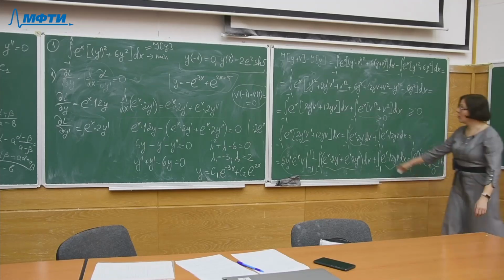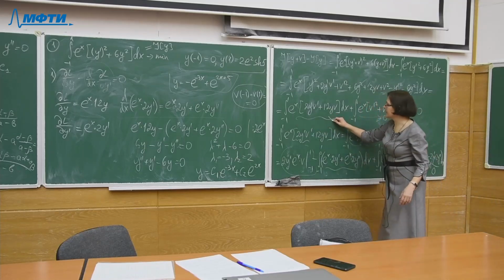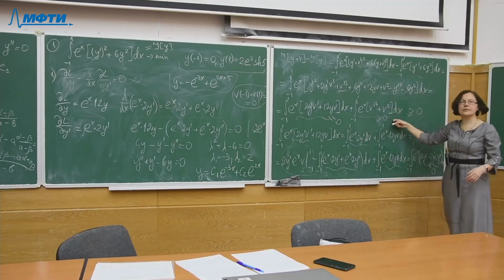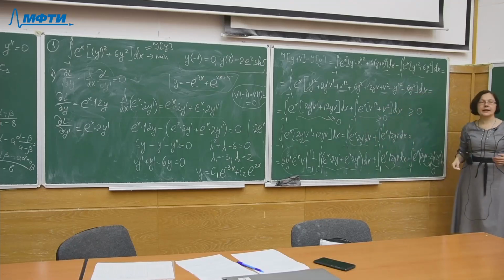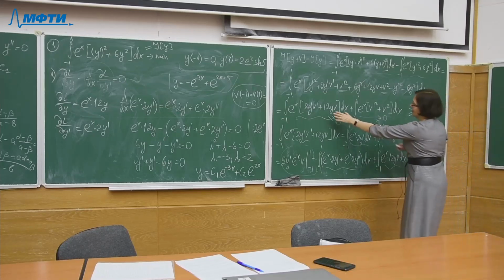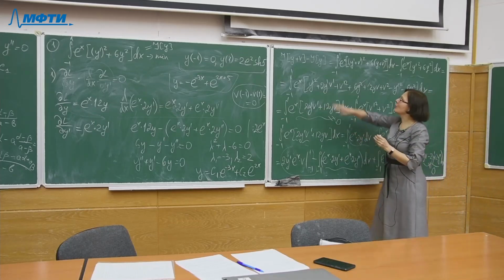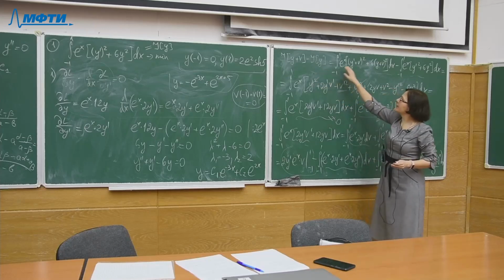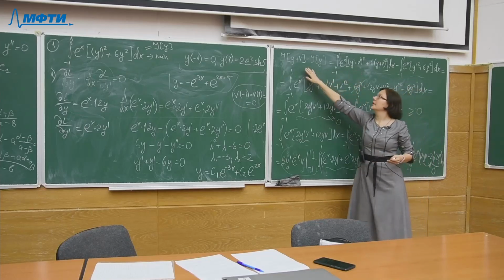Well, and so we have proved that this part is 0 and this part is greater than 0. So it is non-negative. Okay, is it clear how to prove that the first part is 0 or not? So we have written the difference of this function.